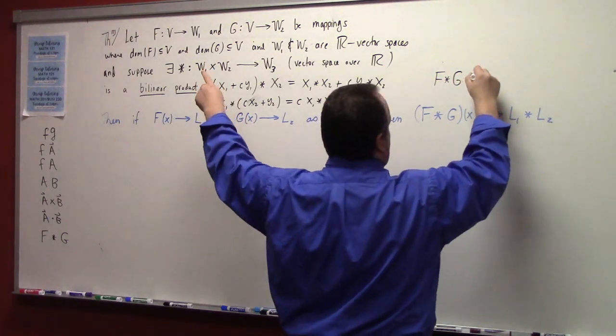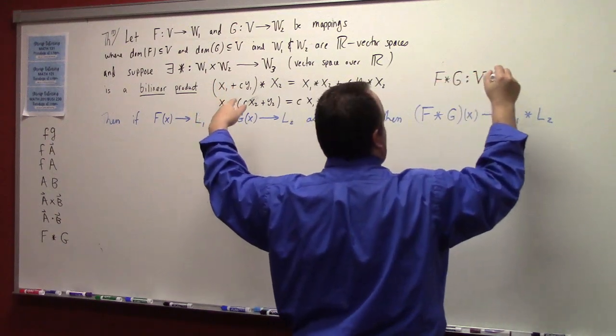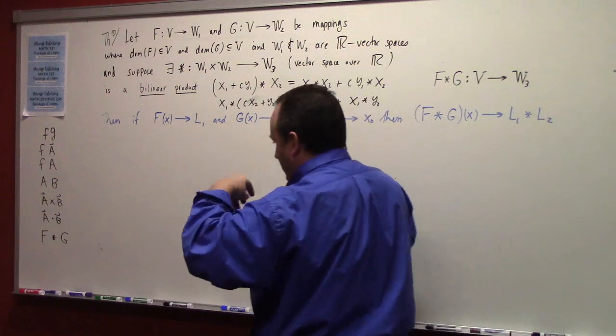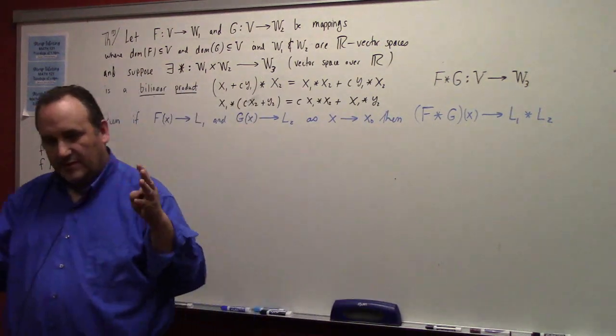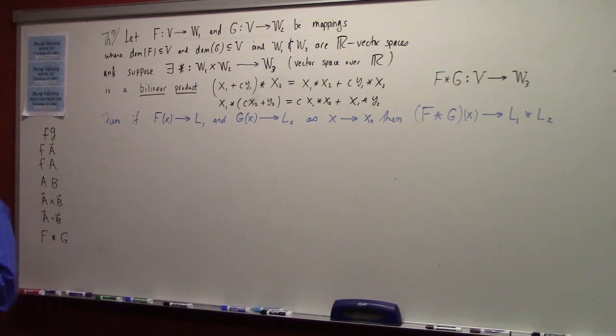It's a mapping from V to what? Well, to W3. So yeah, to be clear, I'm assuming that V as well as W1, W2, W3, these are all normed linear spaces of finite dimension. All right?